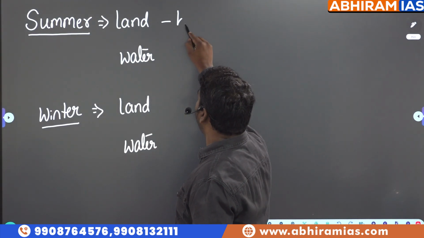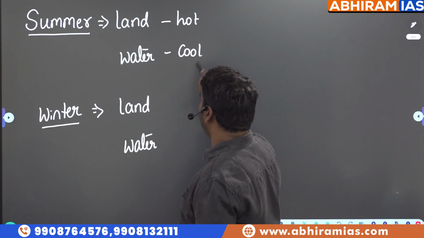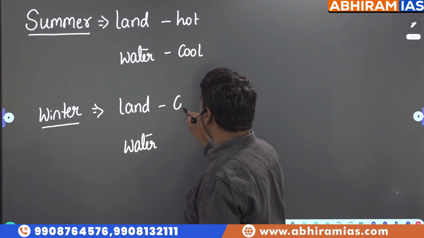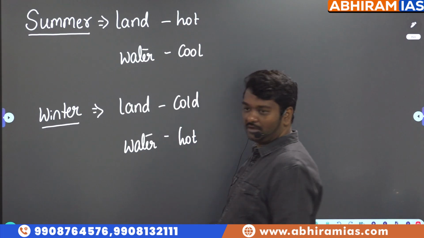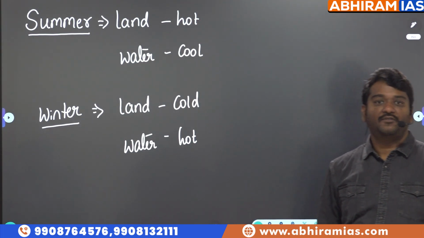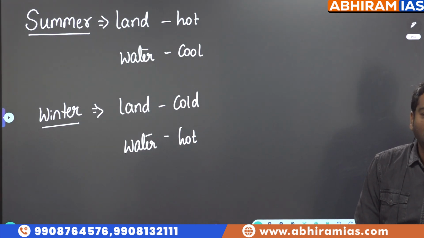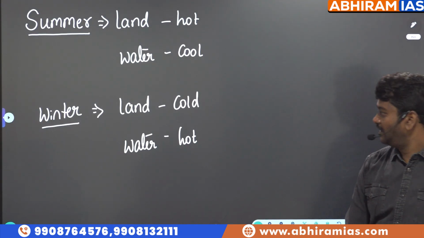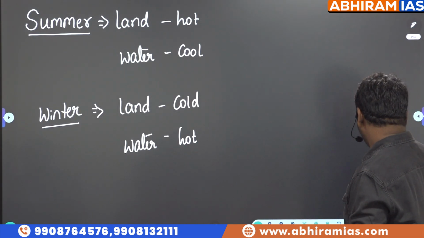Summer, land will be hot, water will be cooler. Winter, land will be cold, water will be little hot. Based on this, they have given questions last year also with respect to isotherms. You might have heard isotherms based questions are there, right? So, is this fine?